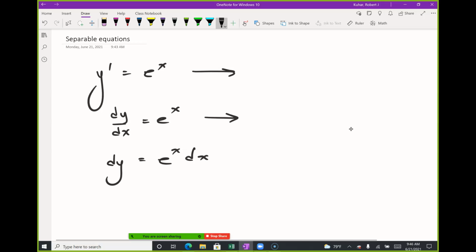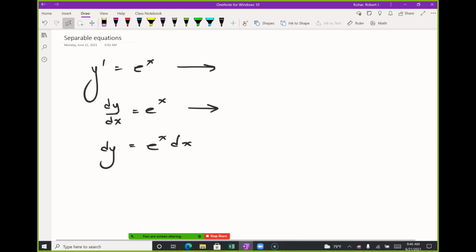Does that make sense? So on the left-hand side, I have a 1 dy. Do you see that? I took a derivative of a y, and I got 1 dy. On the right-hand side, I have an e to the x dx. I took a derivative of e to the x to get the e to the x dx.